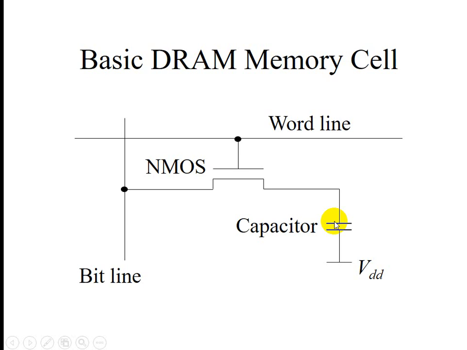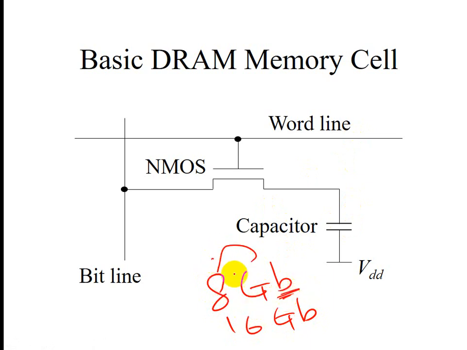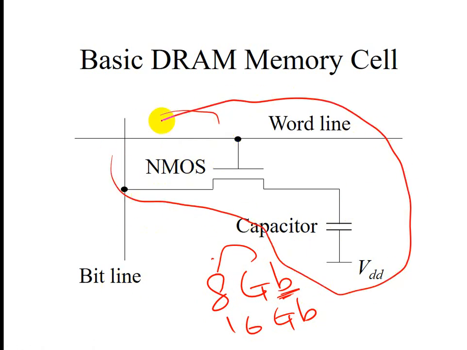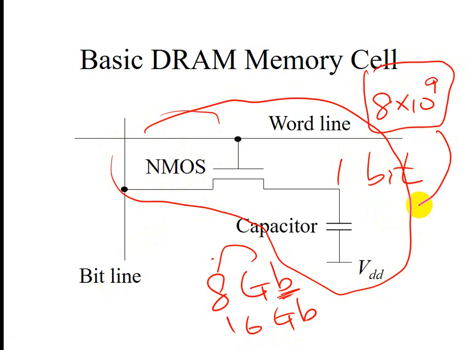So how much memory do you have in your computer? You may have 8 gigabyte or 16 gigabit. Every single bit is this. This is 1 bit. 8 giga, 8 times 10 to the 9 units of this, 8 gigabit.